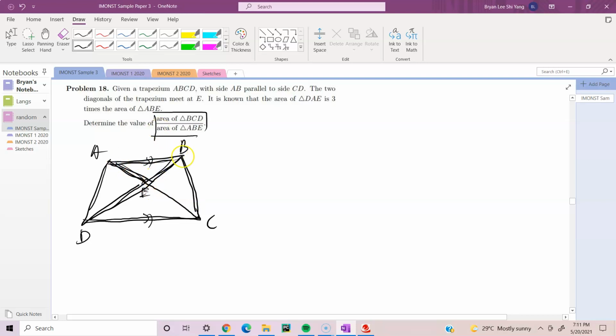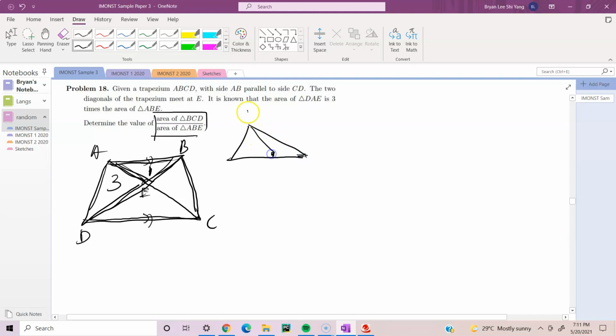Now, this might be a very hard problem, but to make things easier to do, we would make our area of triangle ABE be 1. And since we know that the area of triangle DAE is thrice the area of ABE, we just make it 3, right? Okay, so from here, what can we obtain? Now, let's just look individually at triangle ABD.